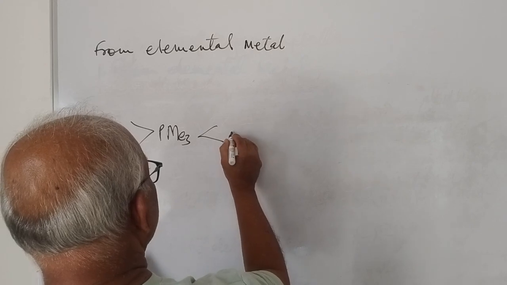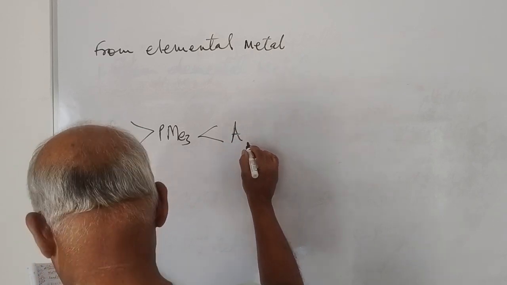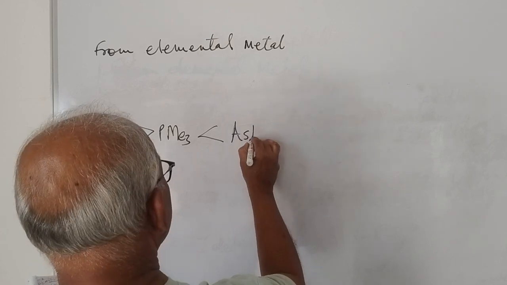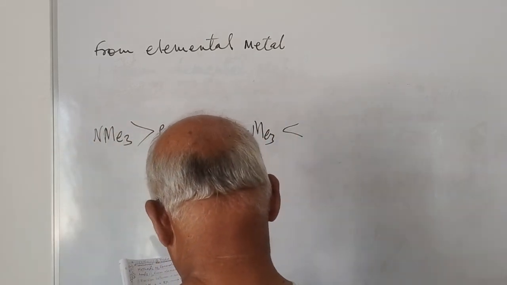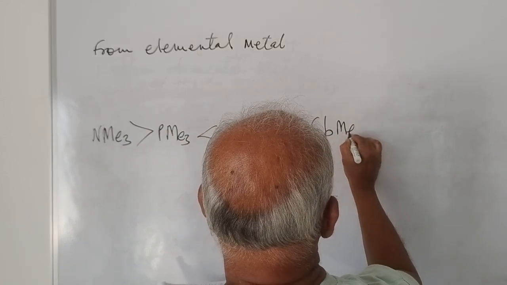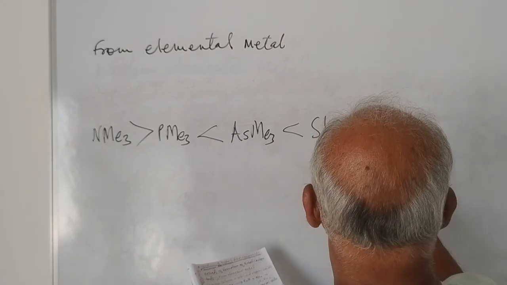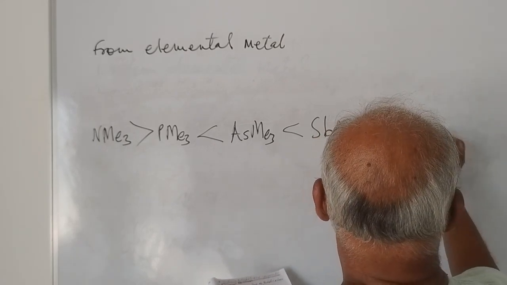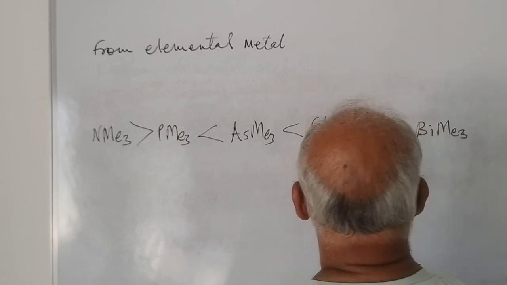The next element is arsenic, AsMe3. Then the next one is Sb, antimony, SbMe3. Then the next one is bismuth, BiMe3.